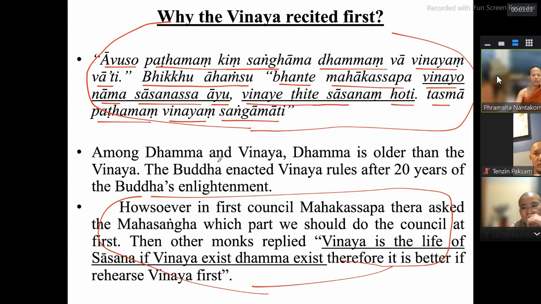Okay, before going to the answer, the explanation is that the Dhamma is older than the Vinaya. Among the Dhamma and Vinaya, the Dhamma is older than Vinaya, right? The Dhamma took place first, so the Dhamma is older than the Vinaya. The Buddha enacted the Vinaya rules after 20 years of his enlightenment.